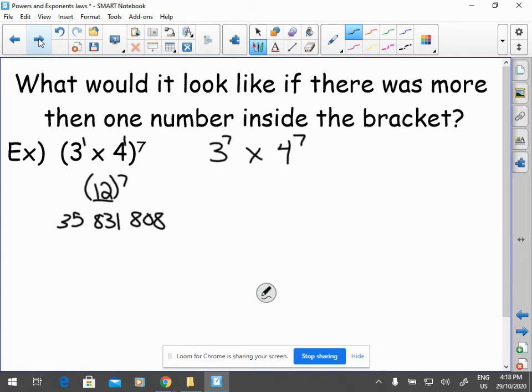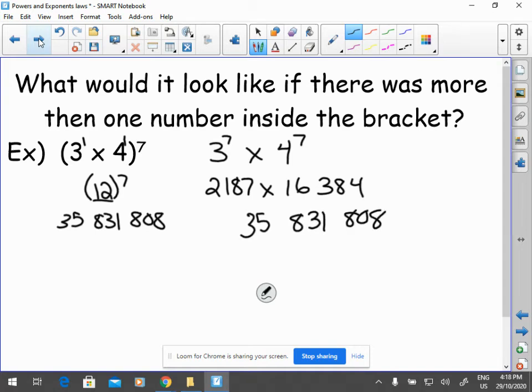And if I did the steps to solve this, I would be getting 2,187 times 4 to the power of 7, which is 16,384. And if I multiplied the two of them together, I would get the same answer of 35,831,808.